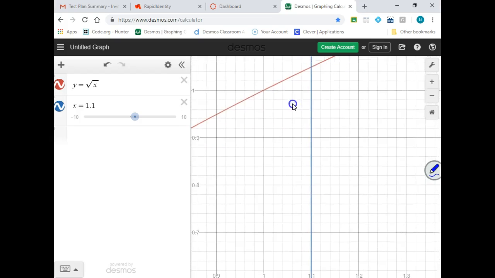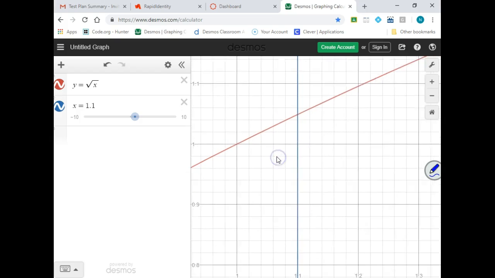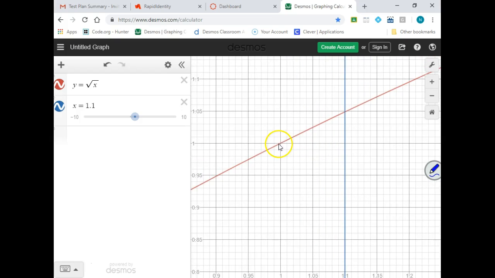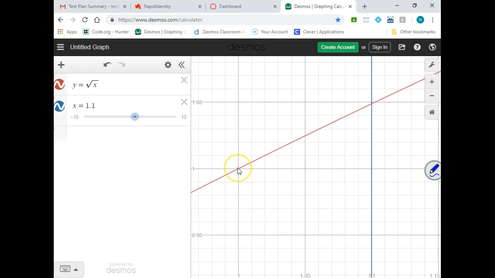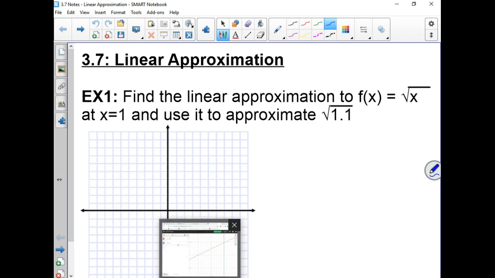So even if I'm zoomed out, where right here is 1, I can tell maybe it's not quite a straight line, but it looks awfully close to being a straight line, right? So let's say that we are stuck back in the early 1900s and we don't have a calculator.